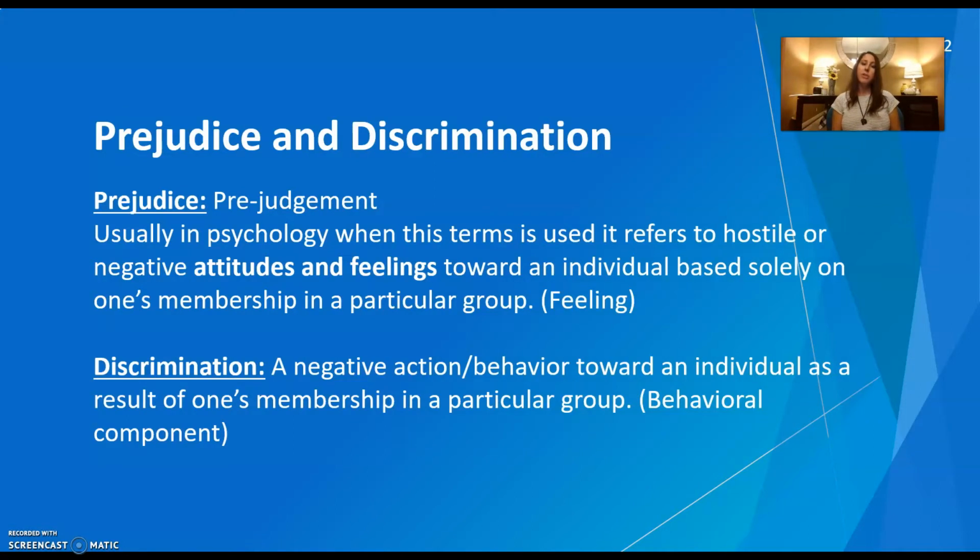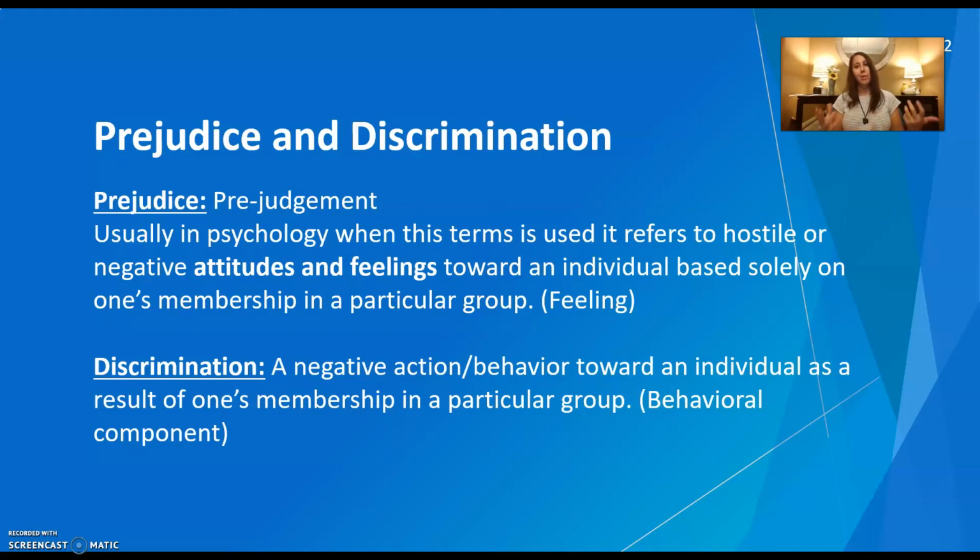Okay. A prejudice is a prejudgment of a person. It usually refers to a hostile or negative attitudes or feelings. Again, this is the feeling component of attitudes, right? Cognitive, feeling, and behavior. This is the feeling part. Negative feelings towards an individual based on their membership in a group.